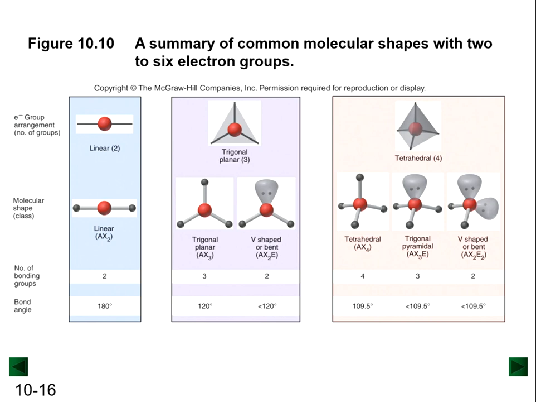With 4 electron groups, we have the tetrahedral electron group arrangement, which can give rise to the tetrahedral molecular structure, the trigonal pyramidal structure, or the V-shaped or bent structure. Now note that the V-shaped or bent structure for the tetrahedral electron group arrangement is less than 109.5, whereas for the trigonal planar electron group arrangement, the V-shaped or bent structure is less than 120 degrees. So there's a significant difference there.